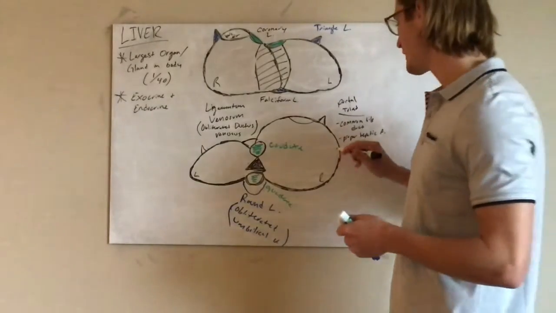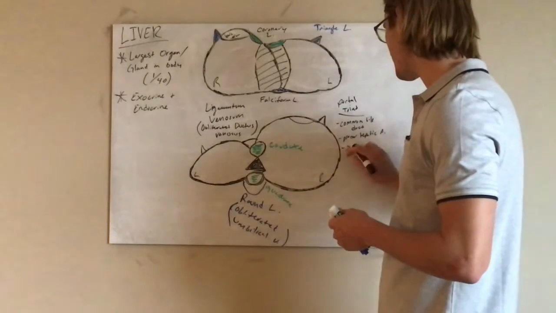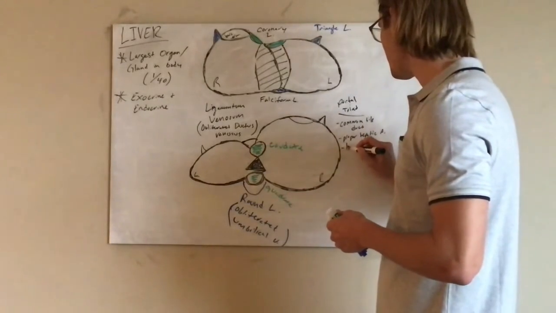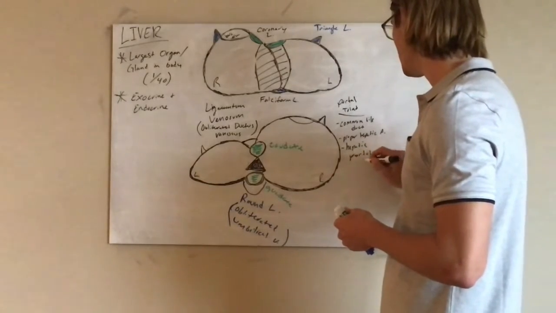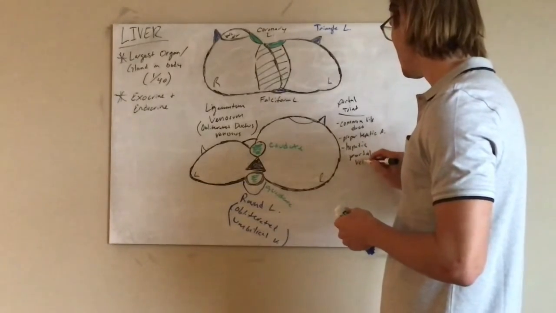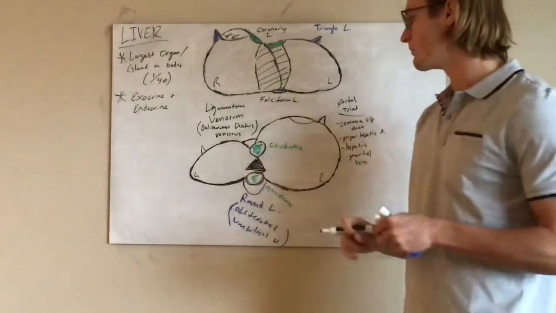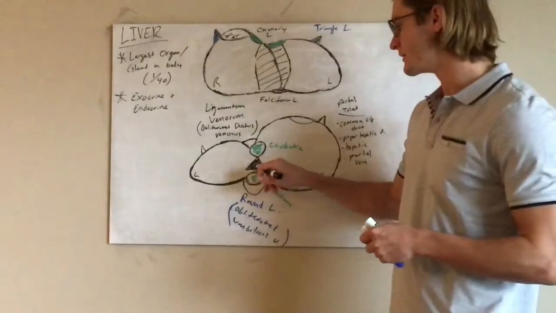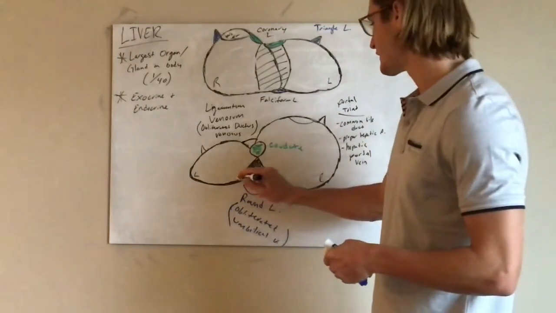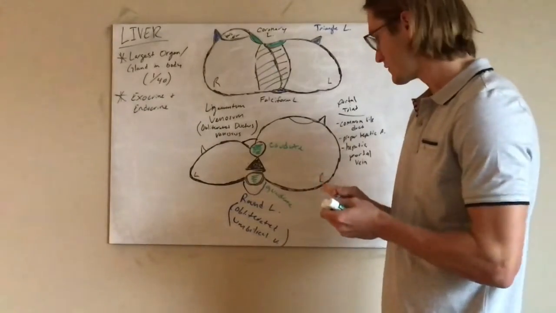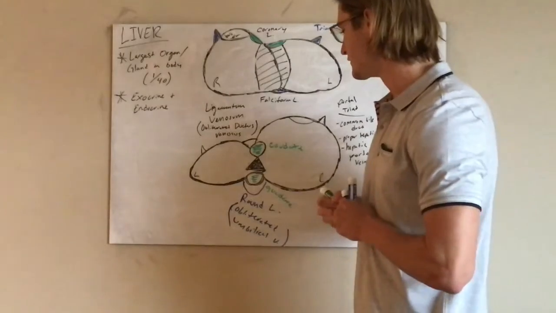We have one more, and this is the hepatic portal vein. So we have the hepatic portal vein, proper hepatic artery, and common bile duct that are all going into the portal triad. So think of us having 3 different guys going into the portal triad.